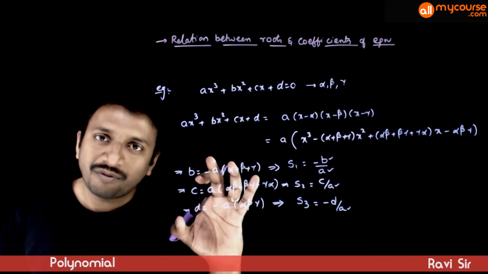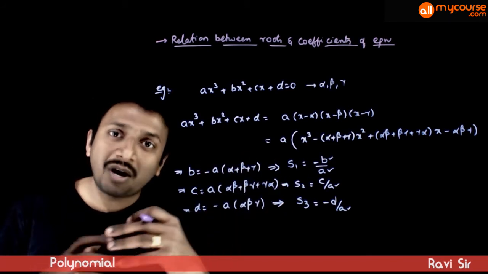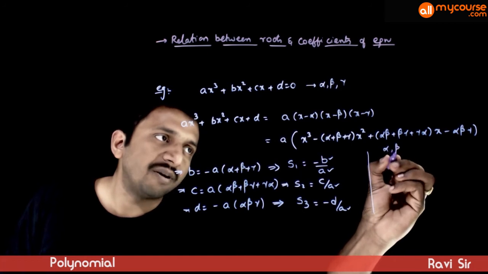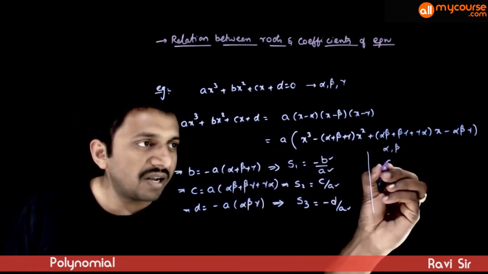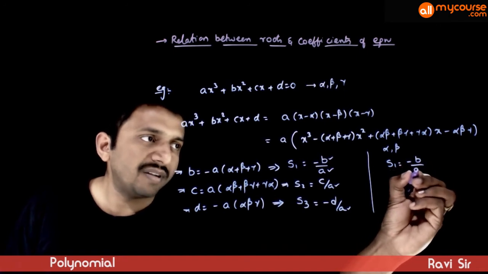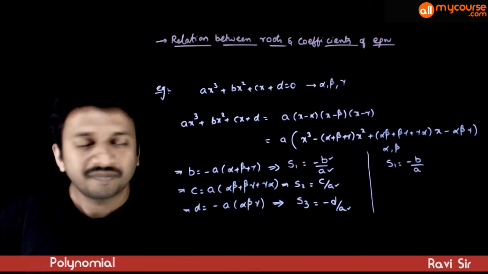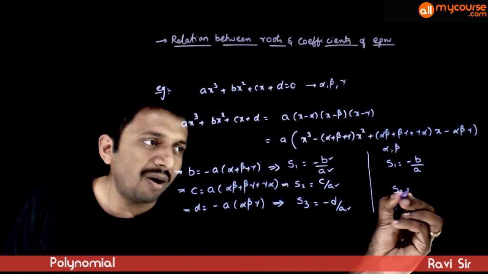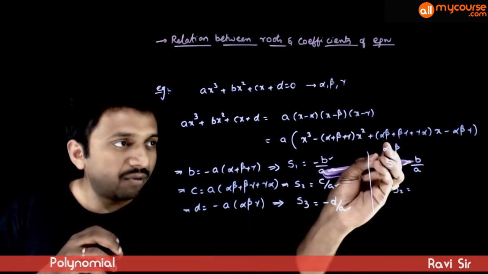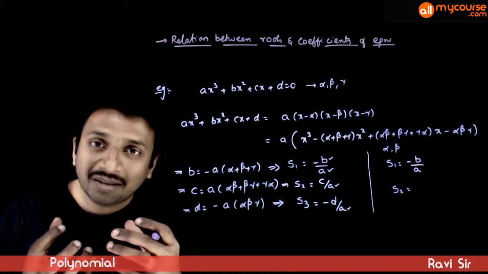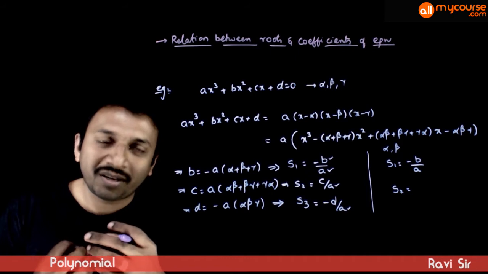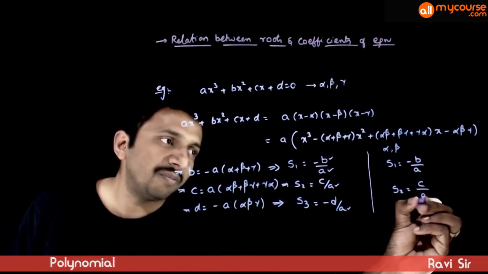This type of simplification can also be thought of for a quadratic equation. In a quadratic equation, you have only two roots, alpha and beta. So S1 is nothing but minus of the second coefficient by the first coefficient. And S2, the sum of products of two roots taken at a time: if you have only two roots, you can take the product only in one way, which is alpha into beta, and it is equal to the next coefficient by a.